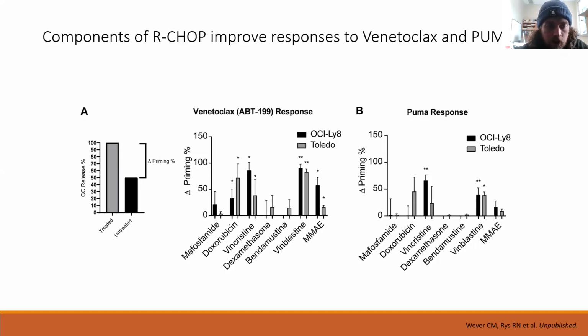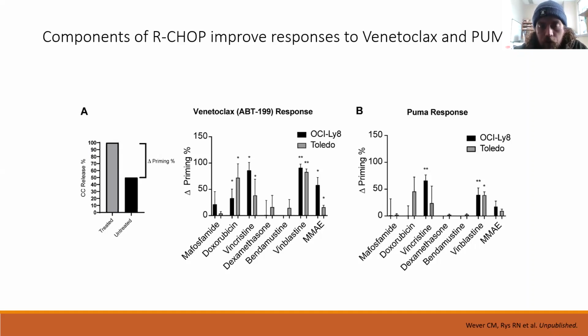So here, we pre-treated cells with the different drugs listed on the x-axis, which are components of R-CHOP, in 2 DLBCL cell lines, and analyzed the change in response to venetoclax, our BCL2 inhibitor, and PUMA, our pan-sensitizer. We call this change in response, shown by this example on the left here, delta priming. So basically, how much did we increase the priming of the cell?